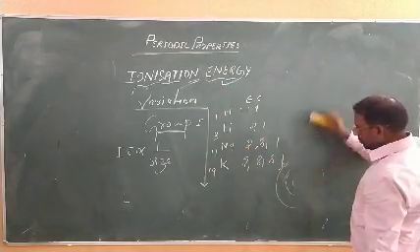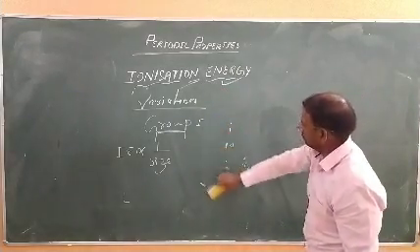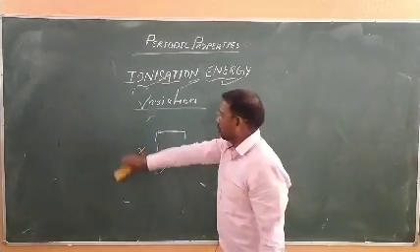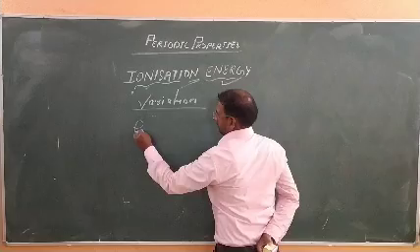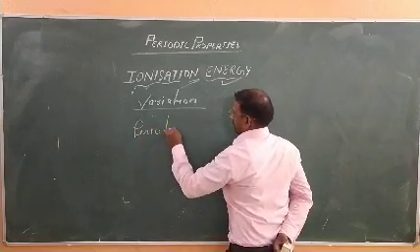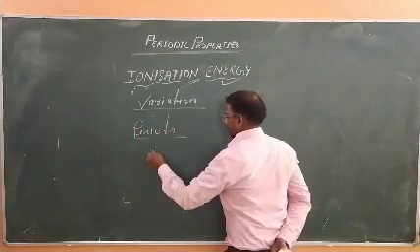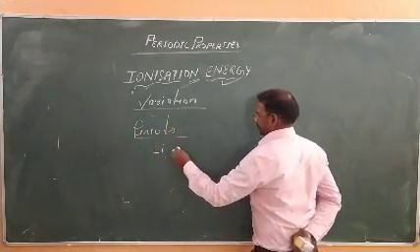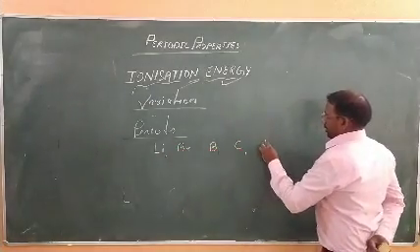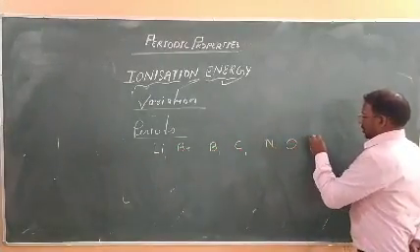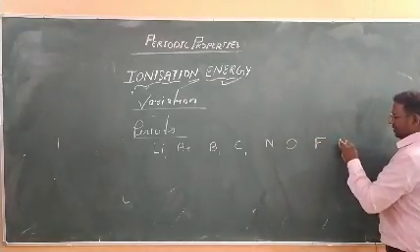Now, group we have done. In the case of a period: lithium, beryllium, boron, carbon, nitrogen, oxygen, fluorine and neon.